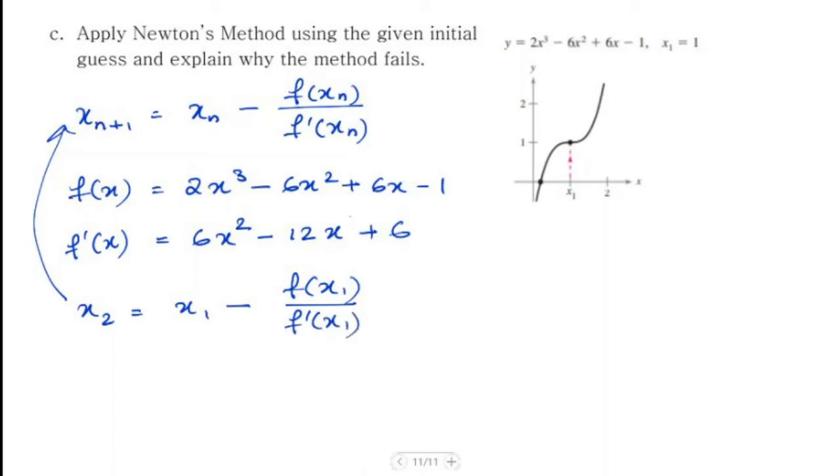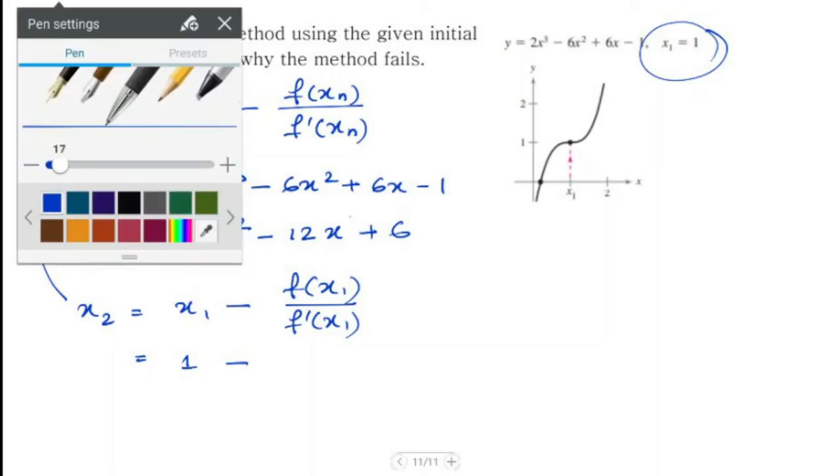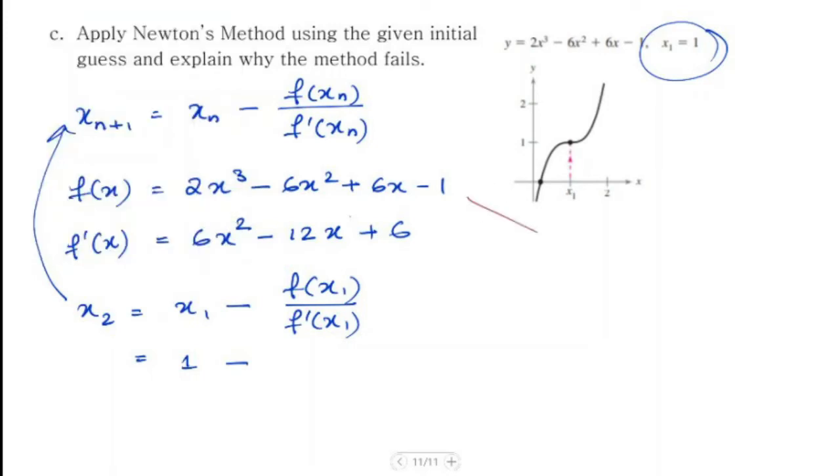Now, here we have x1 is given to us as 1. So 1 minus f of x1. So if we put inside our function here 1, what will we get here?